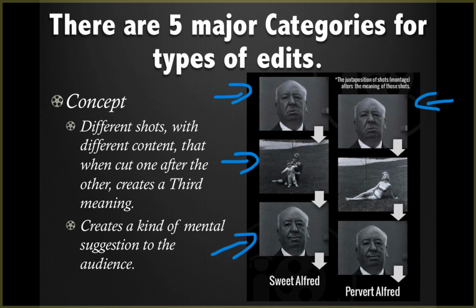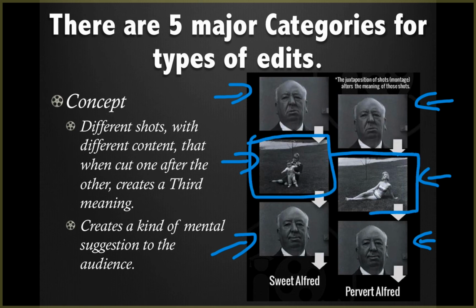Didn't even reshoot it. It's literally just editing in the exact same shot. Get a girl in a bikini, get the exact same smile. Suddenly you're going, oh, what a dirty old man, looking at that girl in a bikini. It's the exact same shots, but it's because the context of the shot in the middle puts a concept in the audience's mind of what this person is thinking.